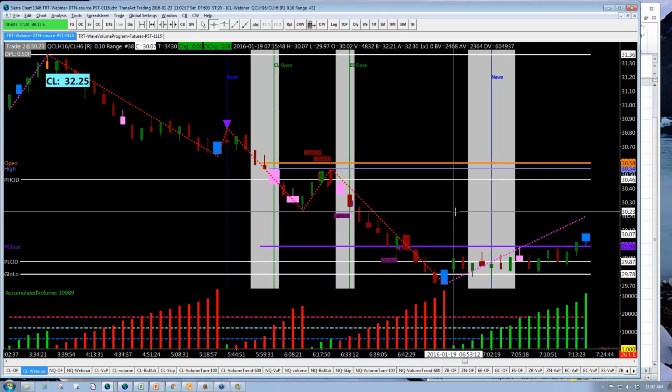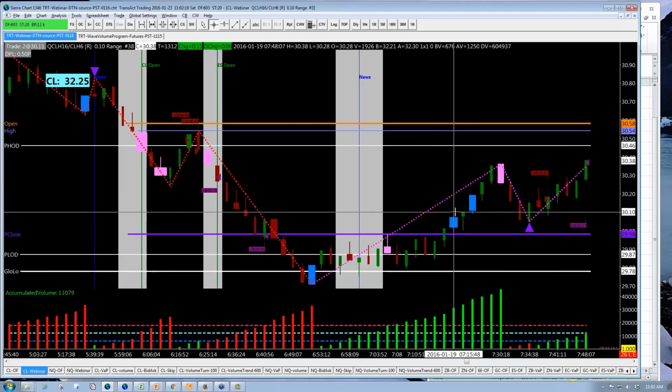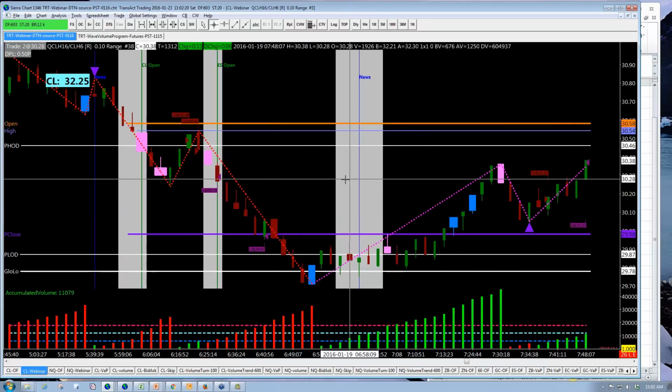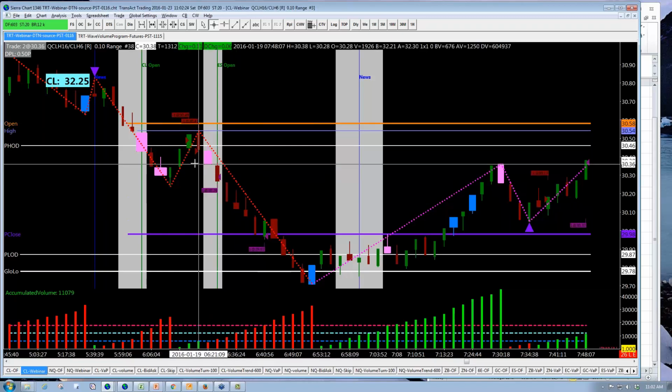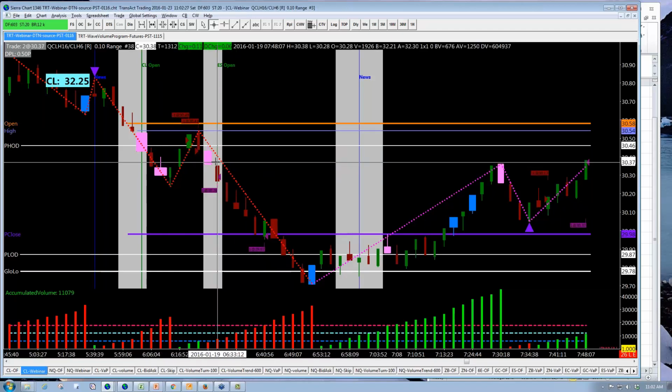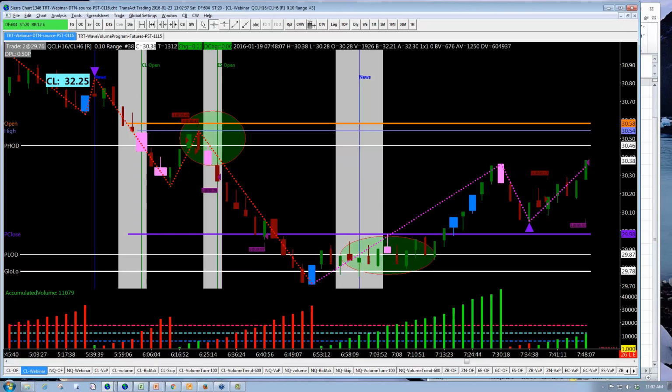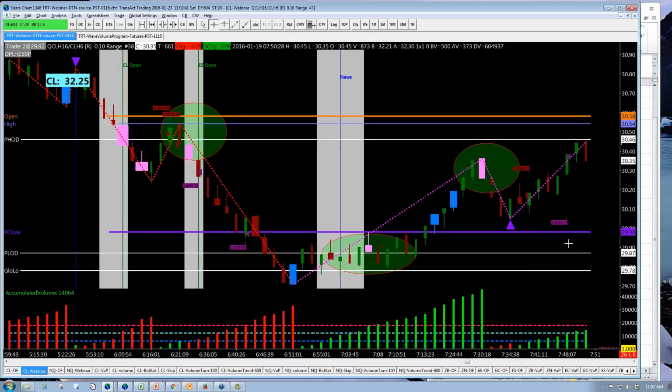Here's the morning session. There aren't that many good entries here. So if you're taking 10 trades, what are you doing? That's crazy. If you look at this chart, there's a couple of good places to enter. All right, if you can figure it out, there's a long in here somewhere. There's a reasonable short here. There's also a reasonable long there, and that's about it.